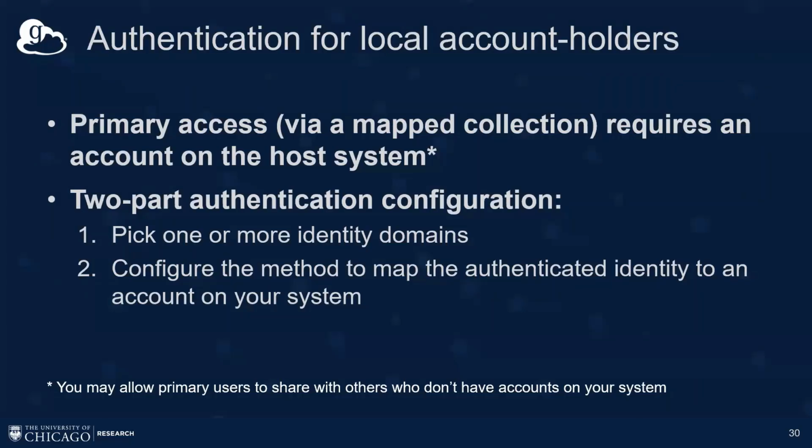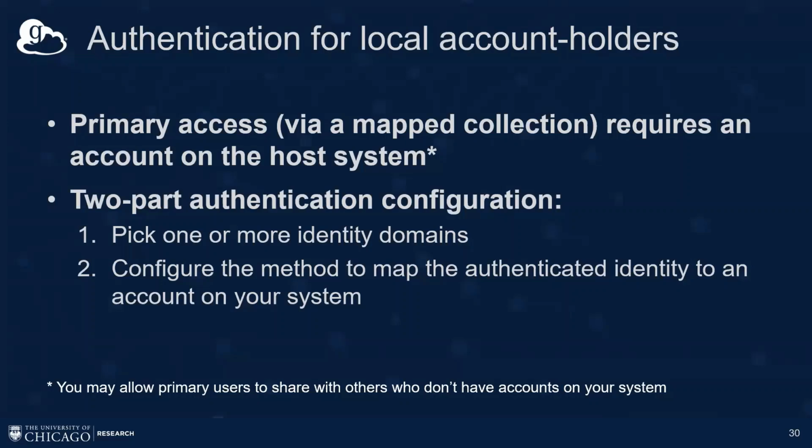So let's look at the parts. Some policies for local account holders, you define identity domains like mycampus.edu, or you may also allow service accounts on the Globus side, so then that'd be identity accounts at auth.globus.org.